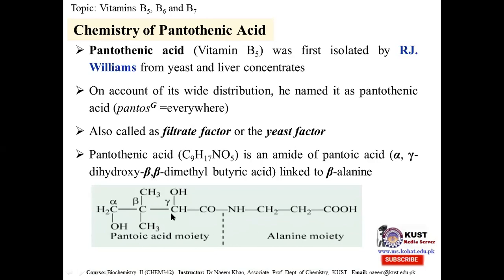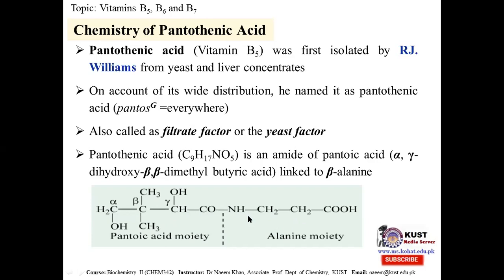If we start from here, this is gamma and alpha. Alpha gamma dihydroxy, and the beta carbon has two methyl groups. So we can say alpha gamma dihydroxy beta beta dimethyl, and it is basically a four carbon compound, 1, 2, 3, 4, so butyric acid, and this is linked to beta alanine. This is basically alanine, but the amino group is not alpha, it is actually beta.